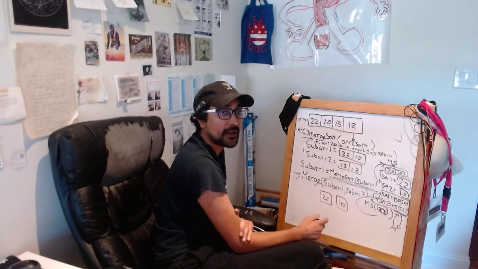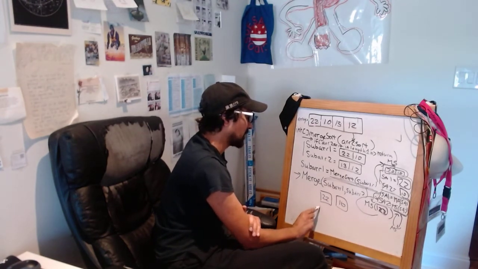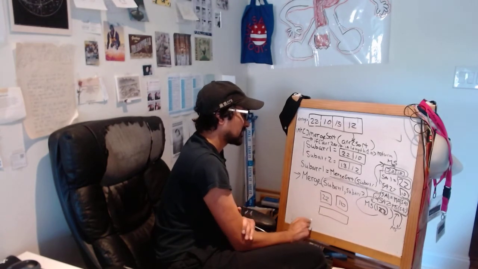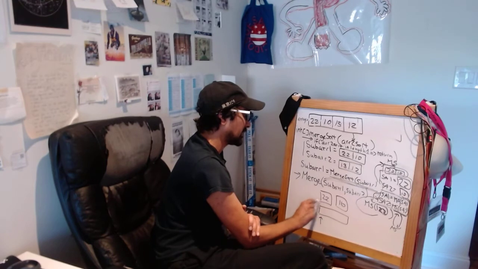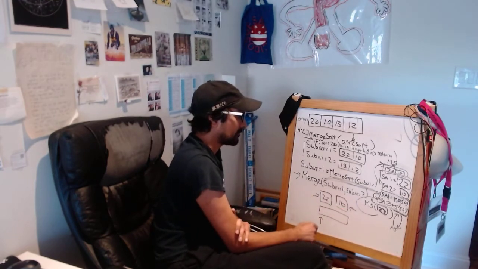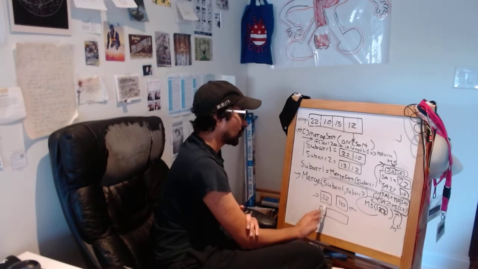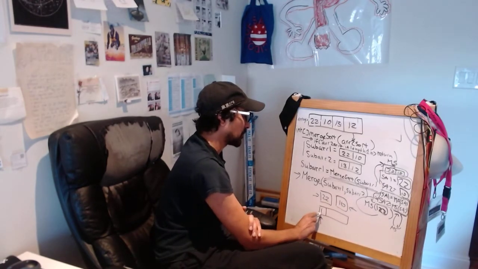And we've got to merge them in a cool way. So we have this going on, and we have an index pointer here, and an index here, and an index here, okay? And we check which one of these is smaller, and 10 is smaller, so we put 10 there.